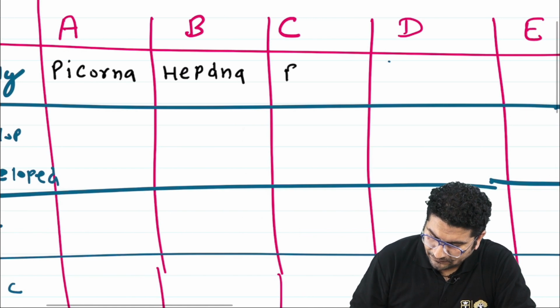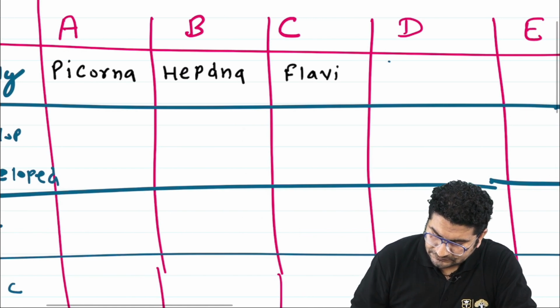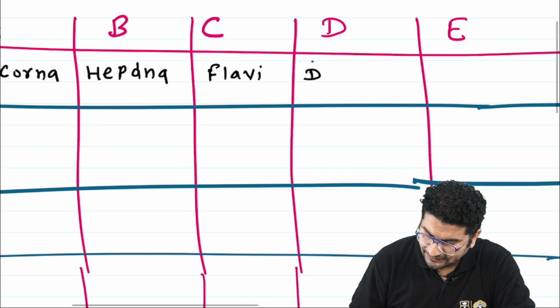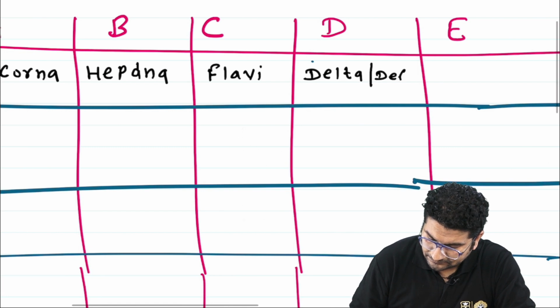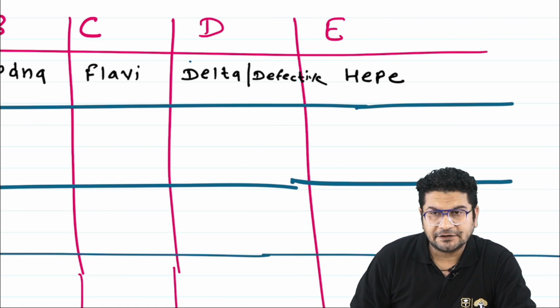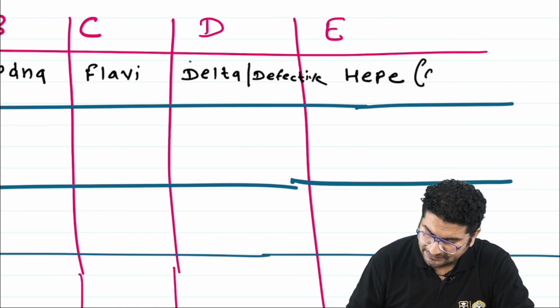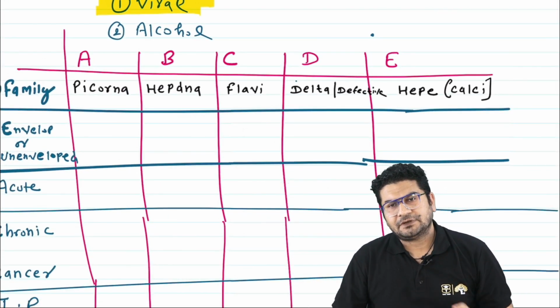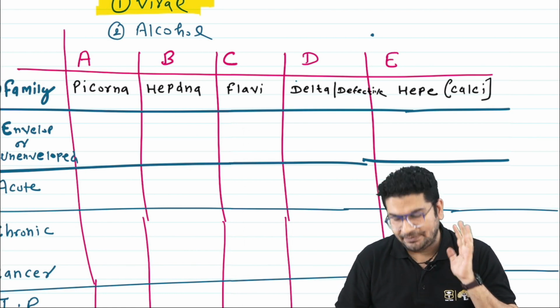Hepatitis C is your flavivirus. D is your delta virus, sometimes we call this delta or defective virus. And E virus is Hepeviridae, and the subfamily that we use is Caliciviridae. So family is clear: Picorna, Hepadna, Flavi, Delta, Hepa.